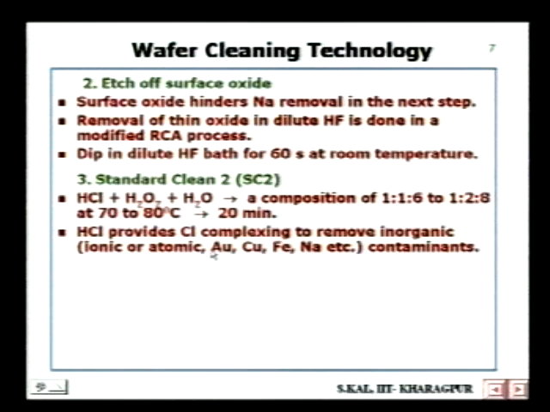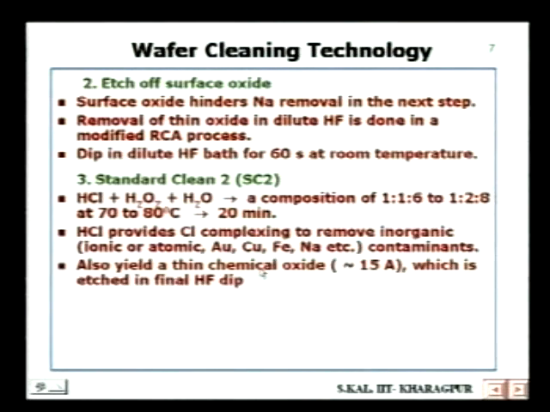For example, gold with HCl will form gold chloride, copper with HCl will form copper chloride, and sodium will form sodium chloride, etc. The chlorine complexing helps us remove this metallic or ionic contamination, because those chlorides are dissolvable in the solution, meaning dissolvable in water.